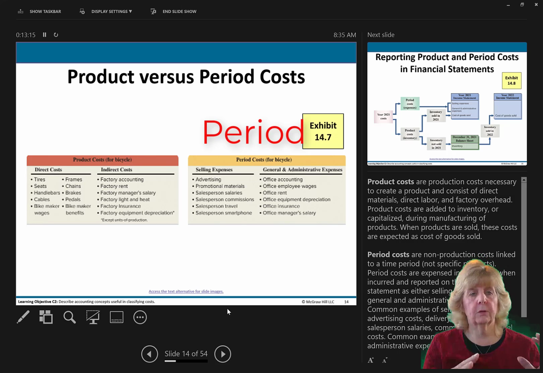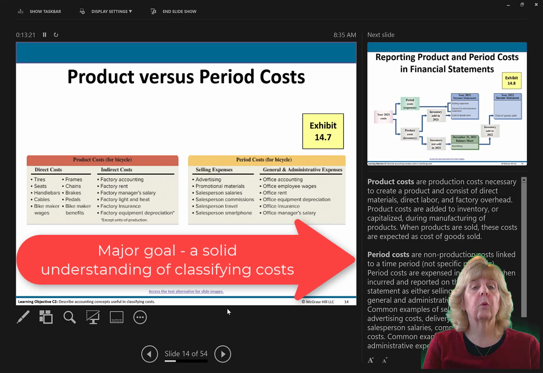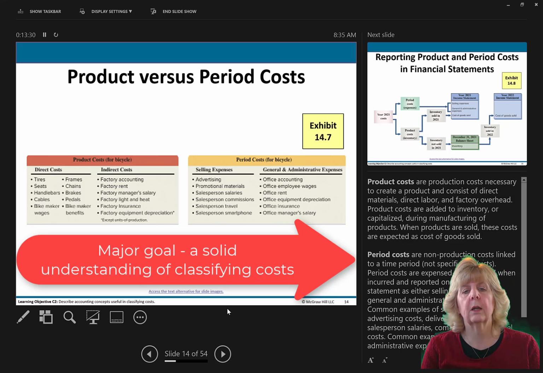So in your notes, write down that one major goal of this chapter was the ability to properly classify costs by type. When we classify costs by type, it's either a product cost or a period cost.